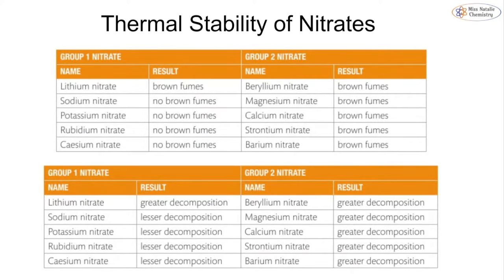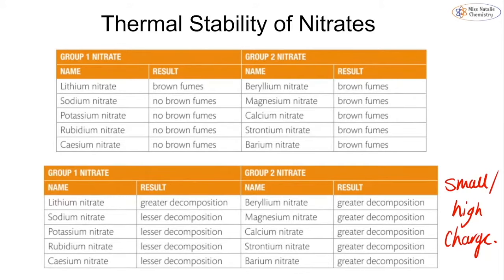So what we see is that all group 2 nitrates are going to form brown fumes. This means that the group 2 have a greater level of decomposition. And that is because they are small cations with a high charge. When we look at group 1, what we see is that they can all decompose. However, from sodium down on the periodic table, we see a lesser decomposition.